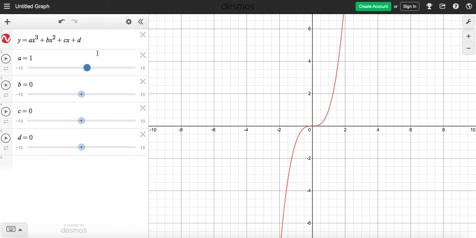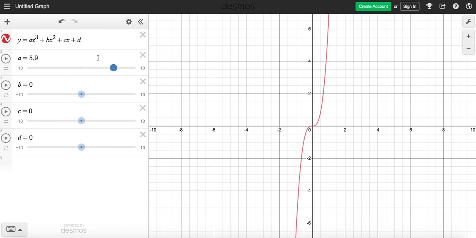And now we kind of get the idea of what B, C, and D do from our previous experience with just this kind of stuff. Bx squared plus cx plus d over here. But what does A do?